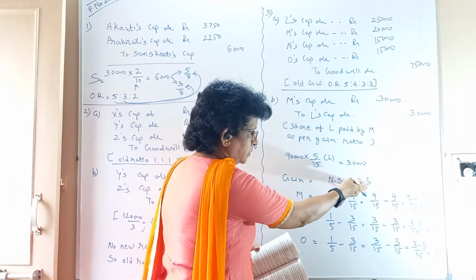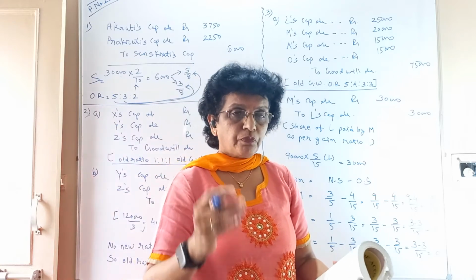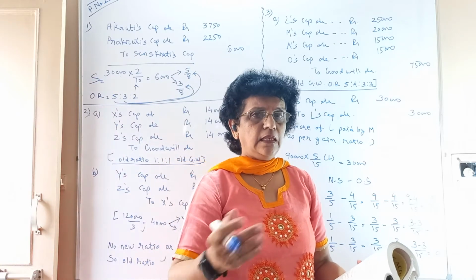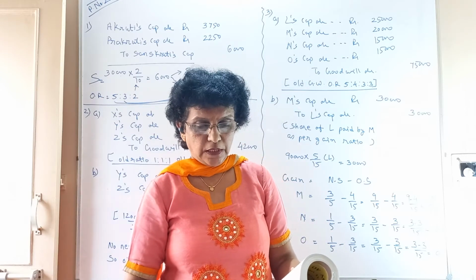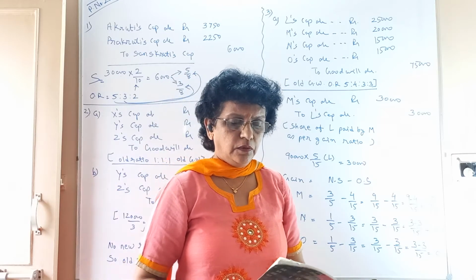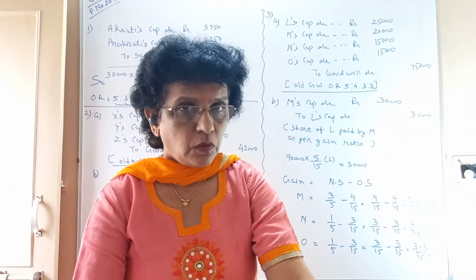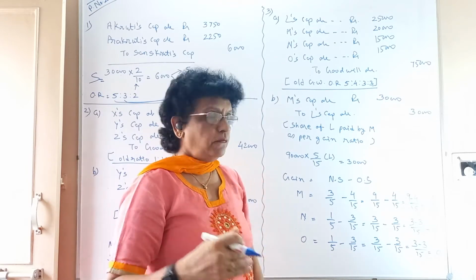Gain is equal to new share minus old share. So you are in a position to know who is sacrificing, who is gaining, or what is no change in the partners' profit sharing ratio. On L's retirement, the goodwill of the firm is valued 90,000. So old goodwill is also there, new goodwill is also there at the time of retirement.